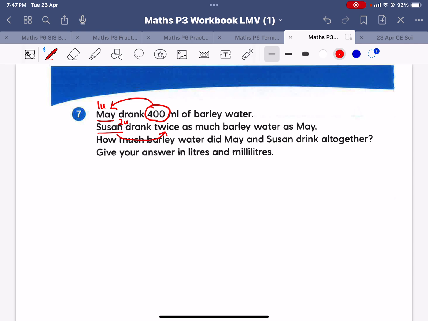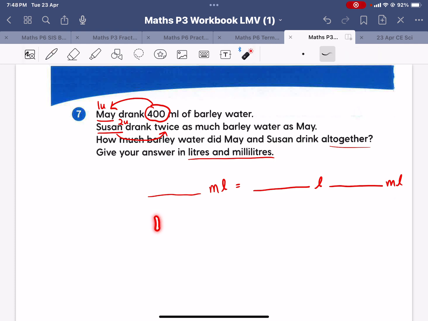So how much barley water did May and Susan drink all together? Now again, give our answers in liters and milliliters. It's very likely our answer is going to be like this, but we need to change it into liters and milliliters. So let me give you an example again. 1, 2, 3, 4. This is my favorite number today.